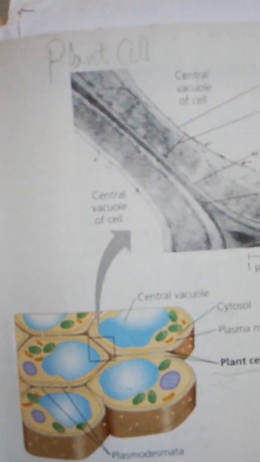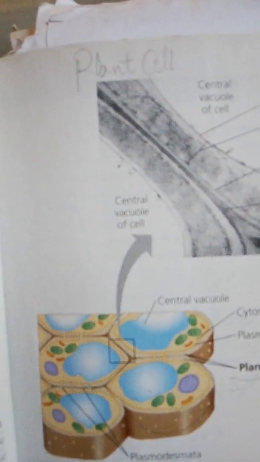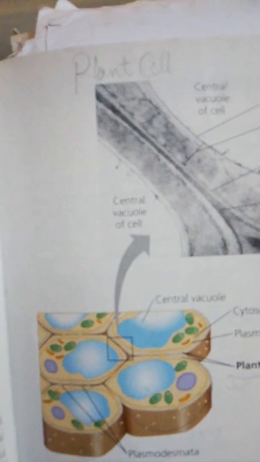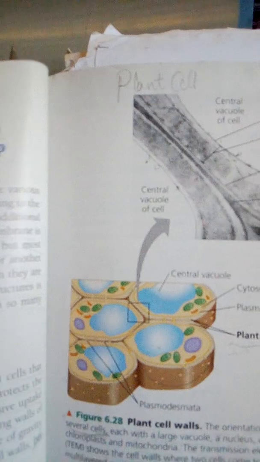Intermediate filaments, the third component of the cytoskeleton. Intermediate filaments are named for their diameter, which at 8 to 12 nanometers is larger than the diameter of microfilaments but smaller than that of microtubules.